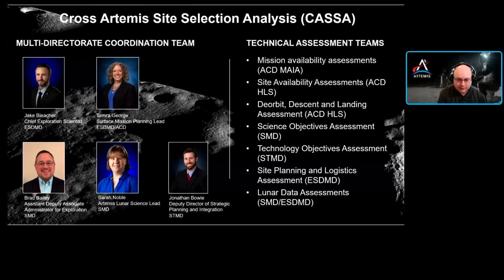This group is ably supported by a number of technical element sub-teams called technical assessment teams that are working to understand all aspects of the integrated performance of the Artemis architecture. Of note for this community, it includes science objectives assessment teams, site assessment and site availability teams, and site characterization teams. Next slide, please.